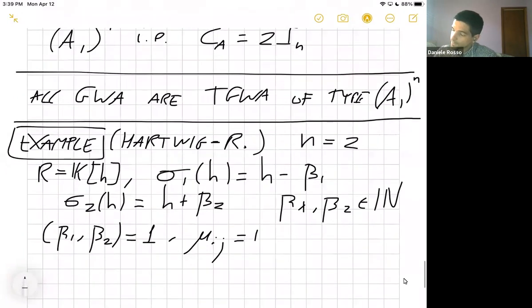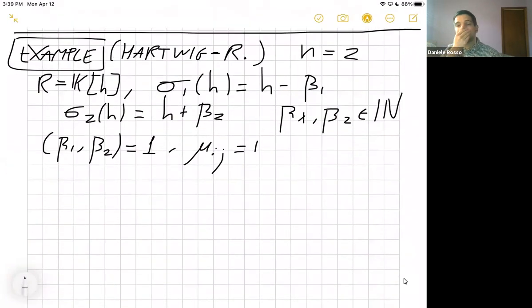One thing I didn't tell you is that there are some conditions on these parameters, sigma, t and mu, that make it so that the resulting algebra is not trivial. Because when you quotient out by that ideal I, in theory, you could quotient out by everything and get a trivial algebra as a result. So there are conditions that you can write as equations on the parameters that tell you whether your algebra is going to be non-trivial or not.